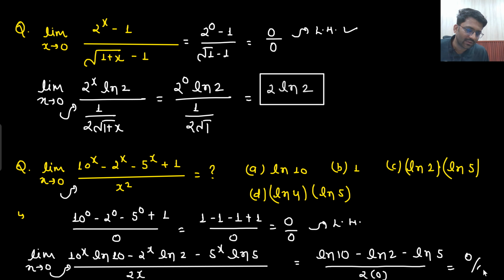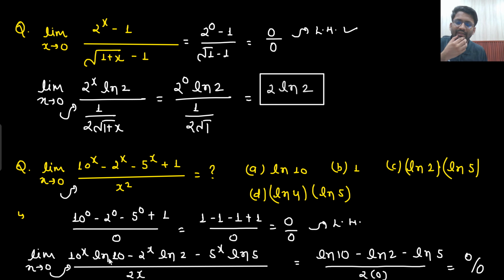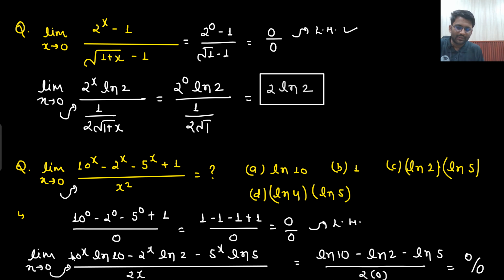This is again 0 by 0. That means again we have to differentiate. So limit x tending to 0, again we have to differentiate. Here ln 10 was a constant value, no? Again we are differentiating, nothing else. So this ln 10 is a constant value, so 10 to the power x we are differentiating.